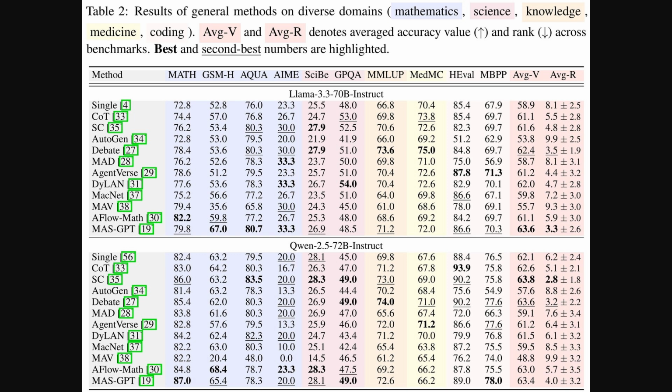The most striking result is that no single method is the best everywhere. But even more telling is how much the choice of LLM changes the outcome. For instance, with the Llama model, AgentVerse beats the single LLM baseline, but with the Qwen model, it actually performs worse. This dependence on the model really highlights that there's no one-size-fits-all solution yet.